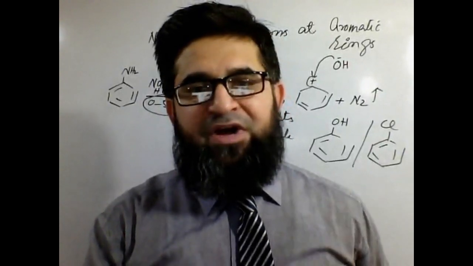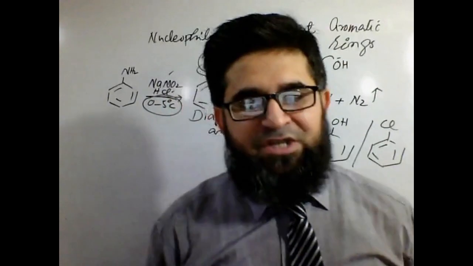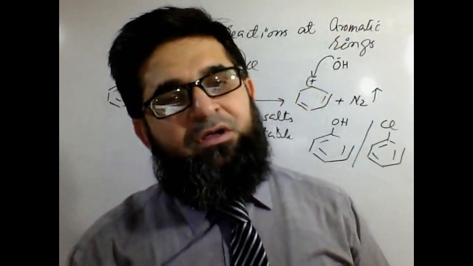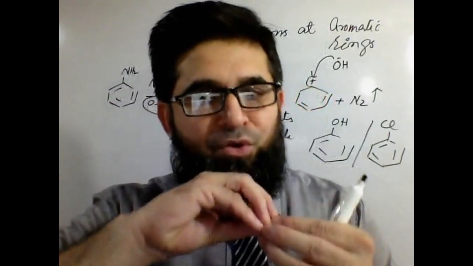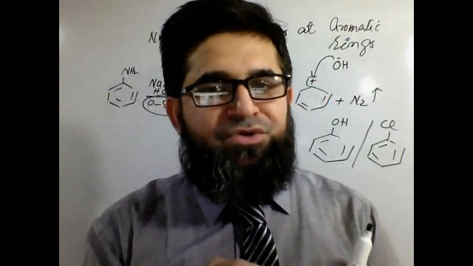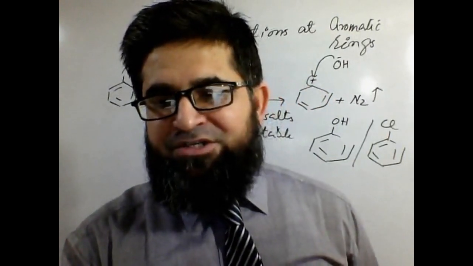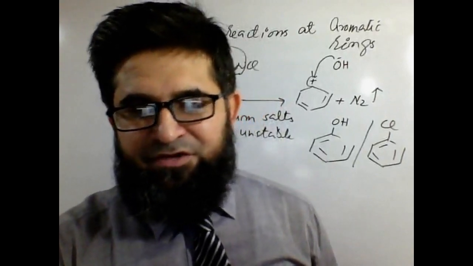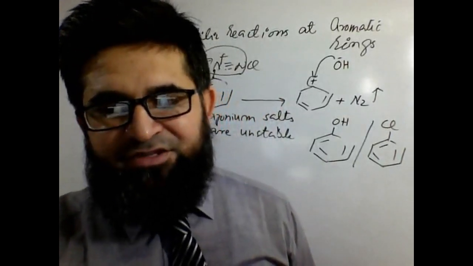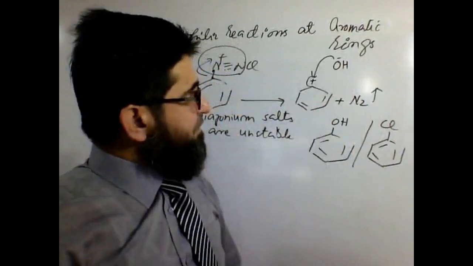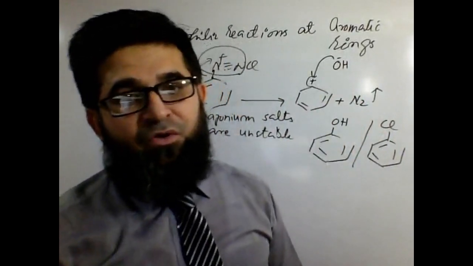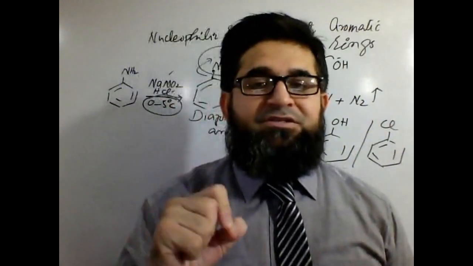If the temperature rises above 5 degrees, then those diazonium salts lose nitrogen, the evolution of nitrogen leaves the aromatic ring with a positive charge, and then it will be possible to react with hydroxyl, chloro, bromo, CN negative, cyanide.